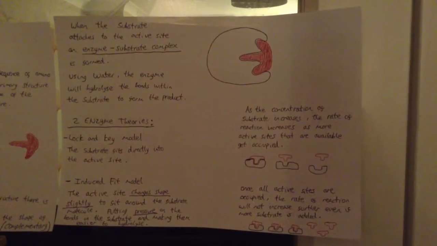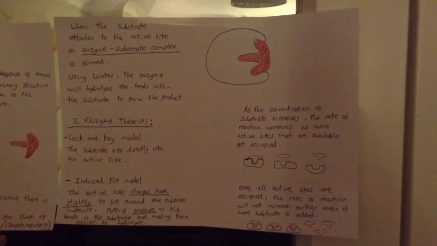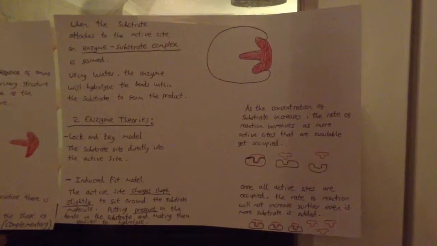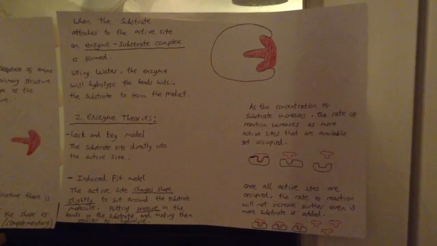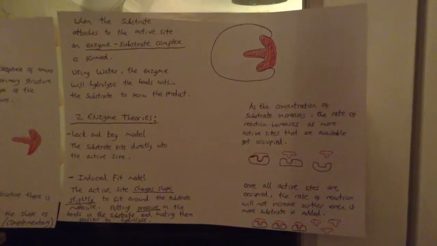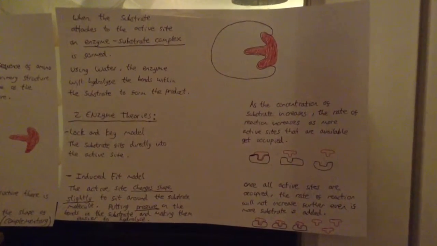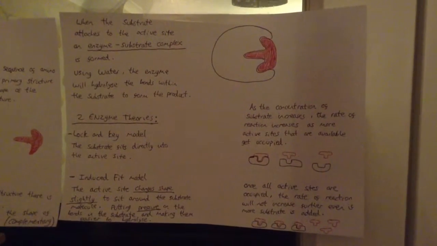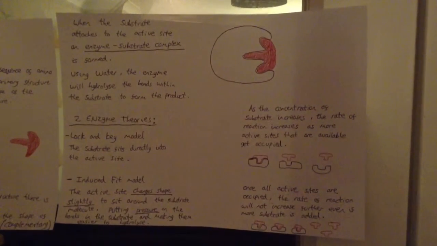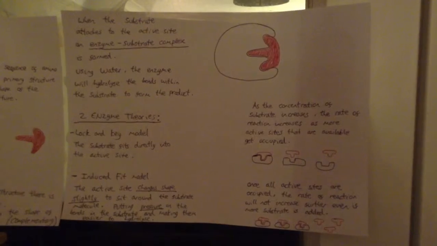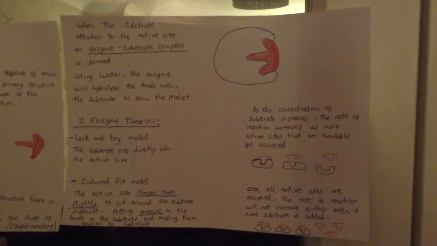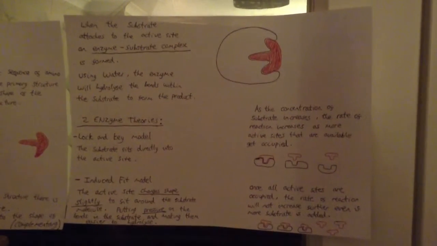Then, using water, the enzyme will actually hydrolyze the bonds within the substrate molecule, and this will form a product. And you know that hydrolysis is the breaking up of the substrate using water. So that's how the enzyme works, by breaking things down, and that's how you digest things in your body.